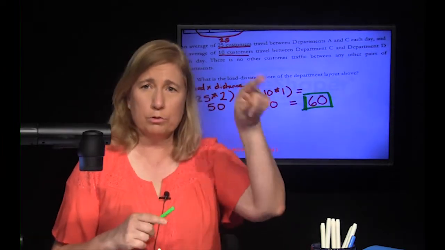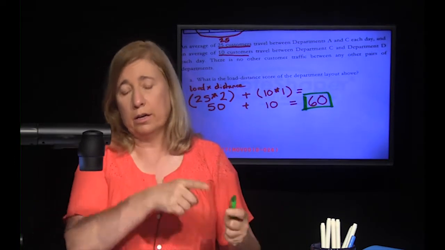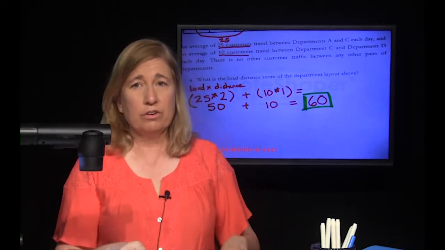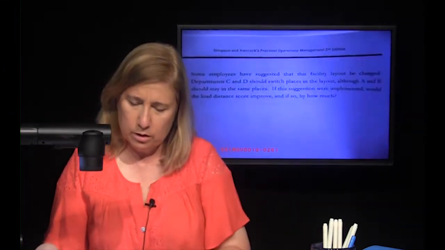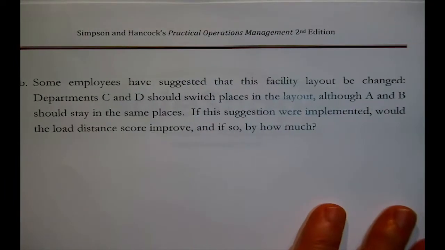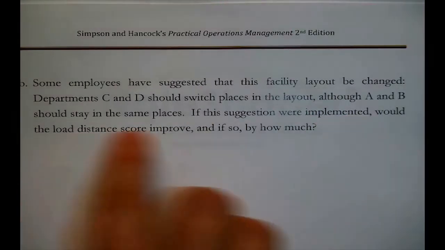If there had been more trips between other departments, we would have just kept doing the same thing, adding it up. All right, now the scenario goes on. Some employees have suggested that this facility layout could be changed. Departments C and D could switch places in the layout, although A and B should stay in the same place.